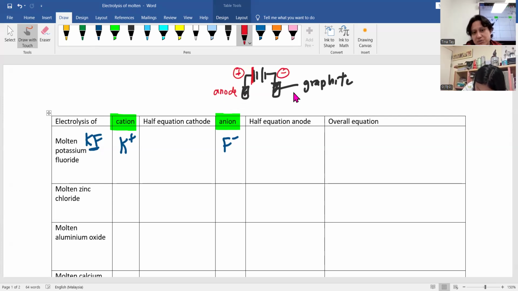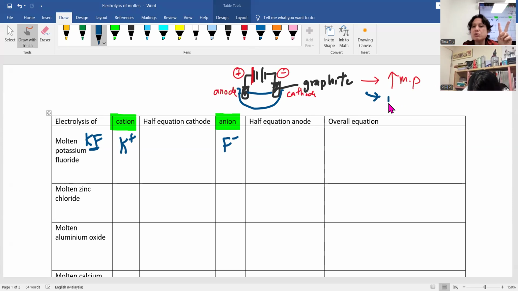Negative is cathode. I must use graphite because graphite has a high melting point. When I melt the stuff in my crucible, my electrodes won't melt. Understand? That's number one. Number two, it is also inert, meaning that the carbon in the graphite won't try and react.